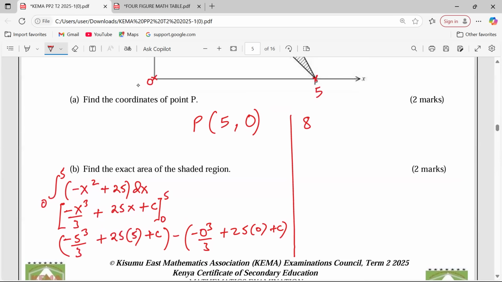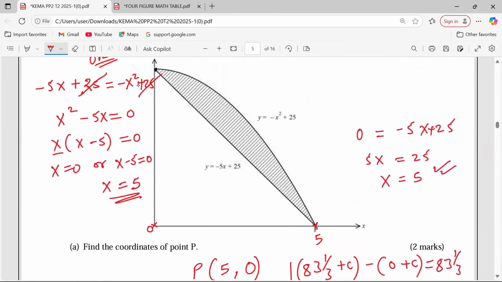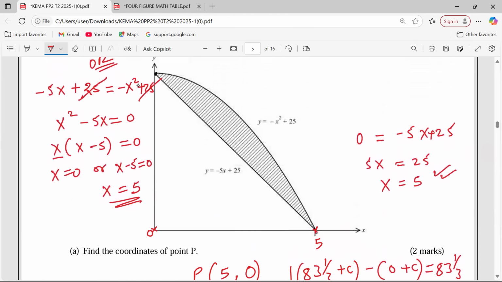So 83 and a third plus a constant minus 0 plus a constant. You know, the constant will cancel. And now I'll be having 83 and a third square units. That is the area bounded by the curve and the axis.